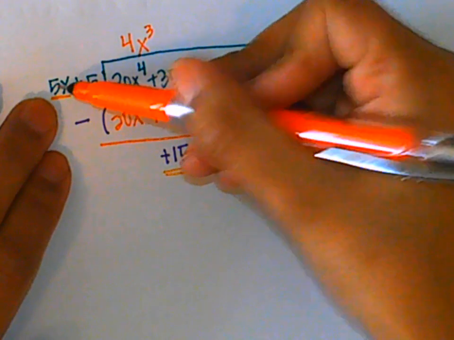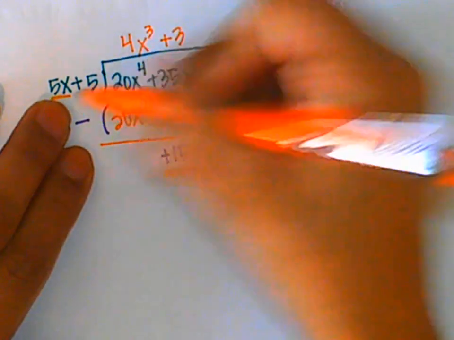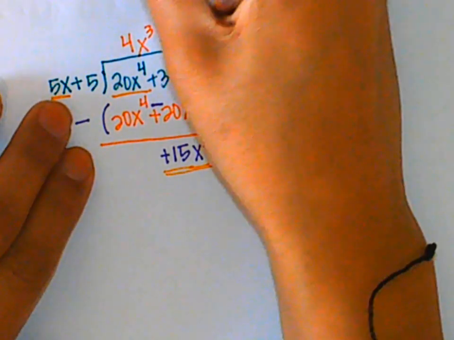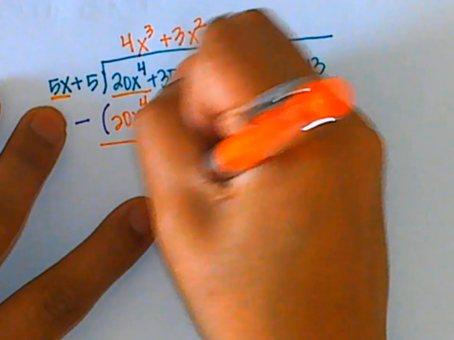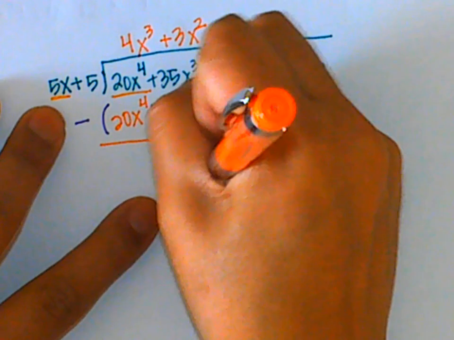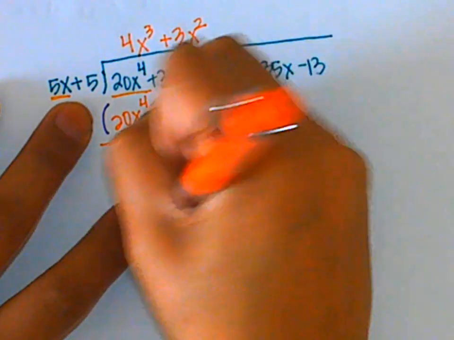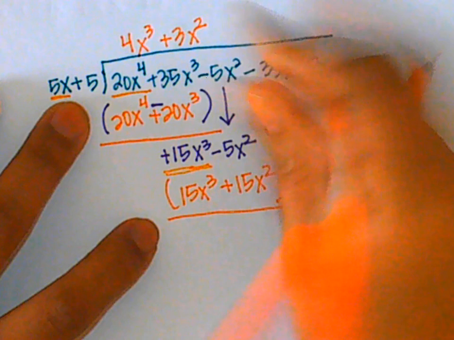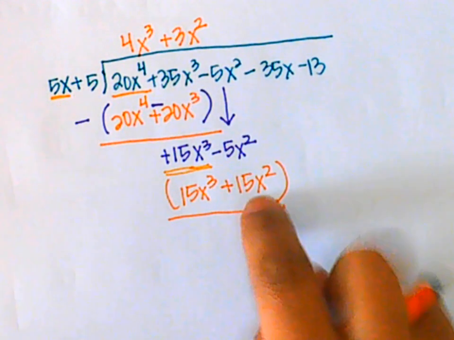I need to turn this 5 into a 15, so I'm going to multiply by 3. And this x into an x cubed, so I need my x squared. Multiply that, I get 15x cubed plus 15x squared. So I multiplied that by that, and then that times that, and that's where I got this 15x squared.